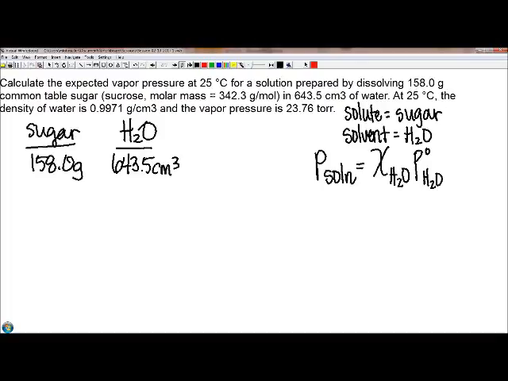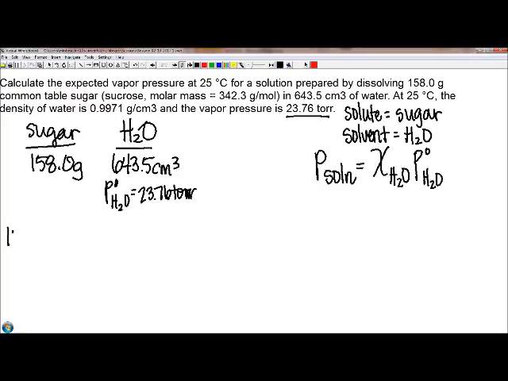Which, it tells us right here that the pure vapor pressure of the water is 23.76 torr. Okay, so we're just going to have to solve for the mole fraction in order to get the observed vapor pressure of the solution.